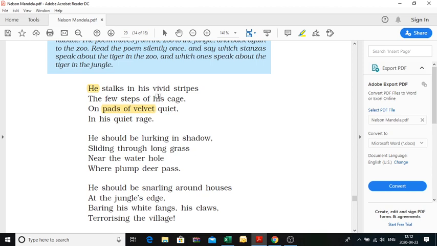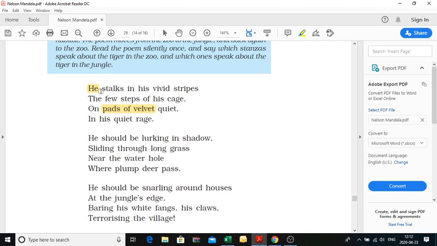He stalks in his vivid stripes, the few steps of his cage, on pads of velvet, quiet in his quiet rage. Who is he? Who is here? He is the tiger, right?